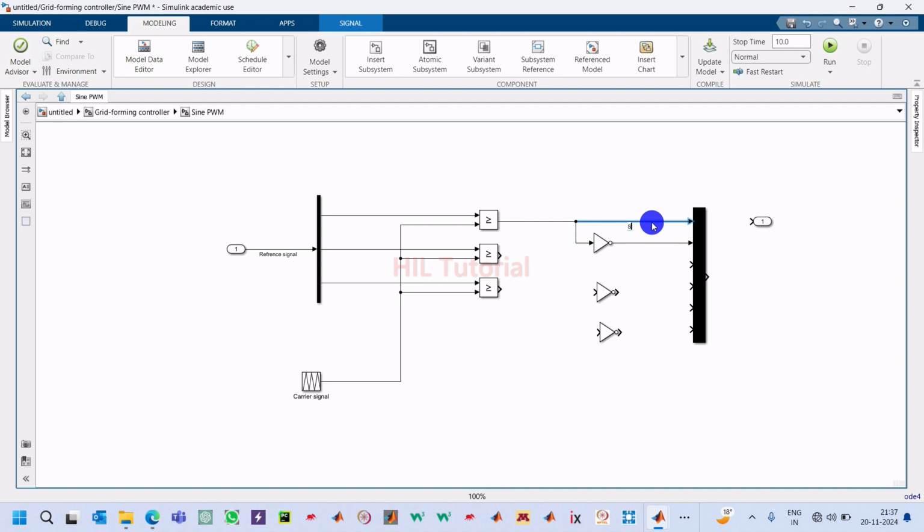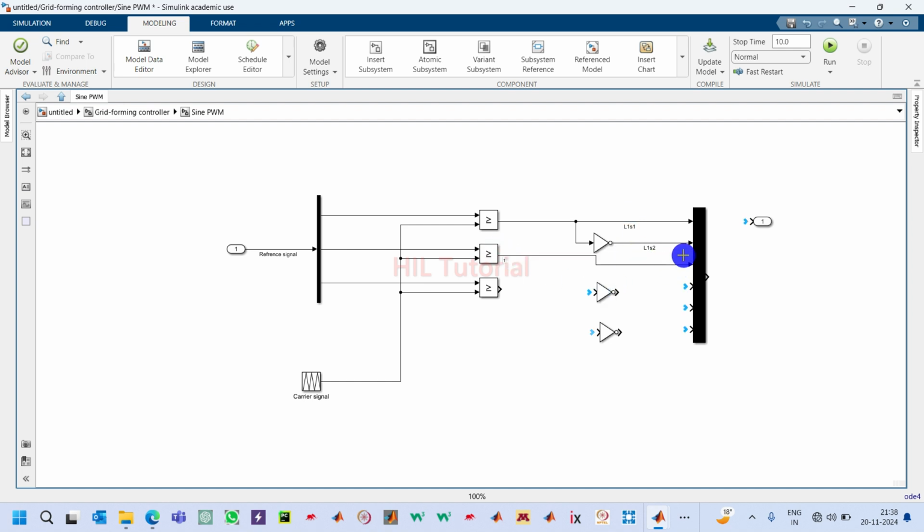So here I am writing leg 1, switch, sorry, LS1, leg 1, and this one will go to S2. So this is leg 1 S2, this is leg 1 S1.